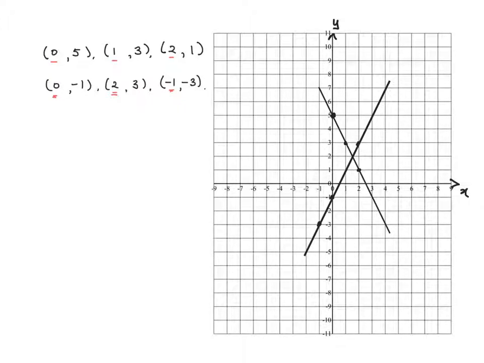And if you look very closely, you can see that this here is the point of intersection, and the coordinates of that point are x equals 1.5 and y equals 2, and that's the solution to the set of equations.